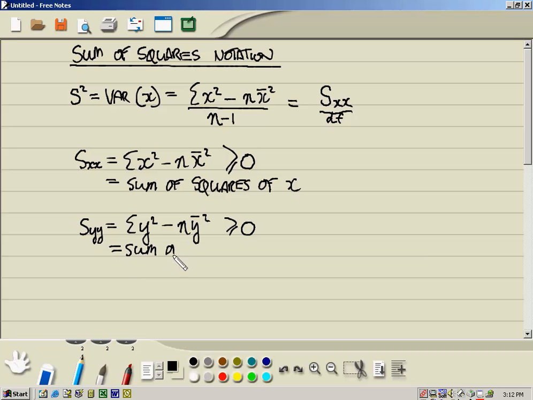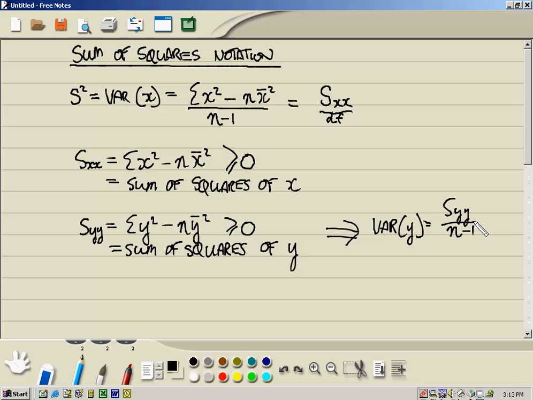Alright, let's call it the sum of squares of y. And it also could be used in the calculation of variance. For instance, the variance of y will be the sum of squares of y divided by its degrees of freedom, n minus 1.